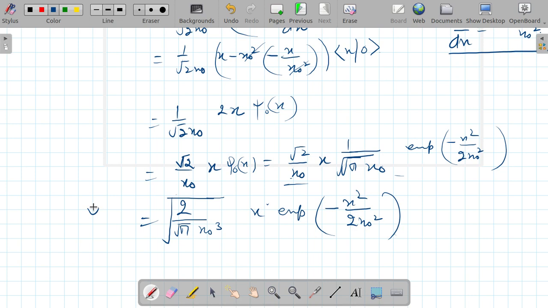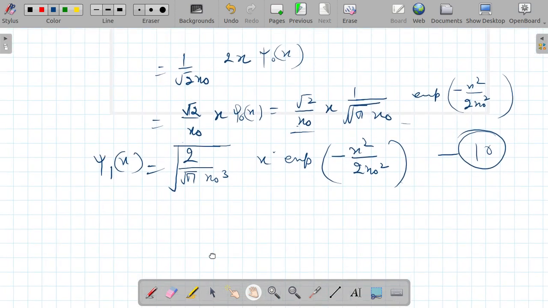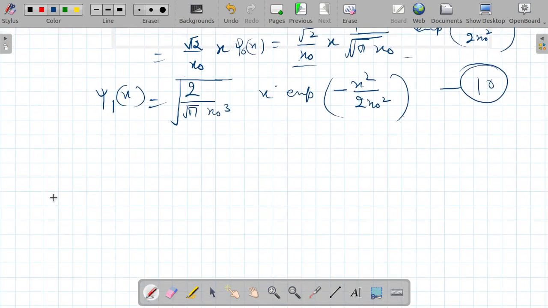This is the wave function. Let me call it equation number 11: the first excited state wave function for the harmonic oscillator. And similarly, we can calculate another wave function, psi 2(x), and it can be calculated like this.